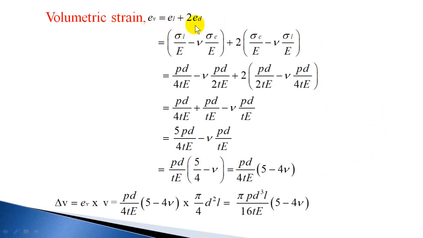So this we have studied earlier. Volumetric strain for any object is Ex plus Ey plus Ez. So here in the x direction you have length, y direction you have diameter, z direction you have diameter. So EL plus ED plus ED, or EL plus 2ED. Now you can remember this equation.